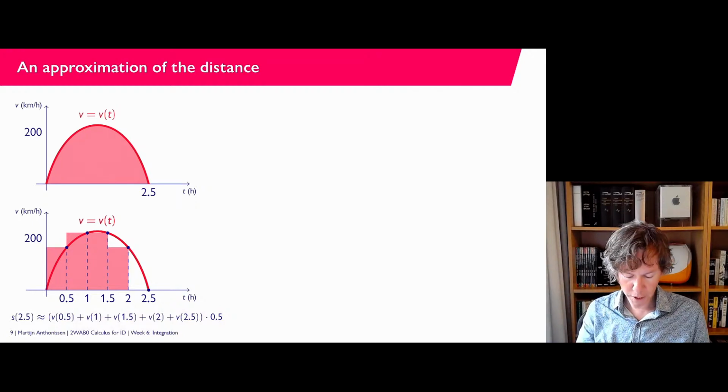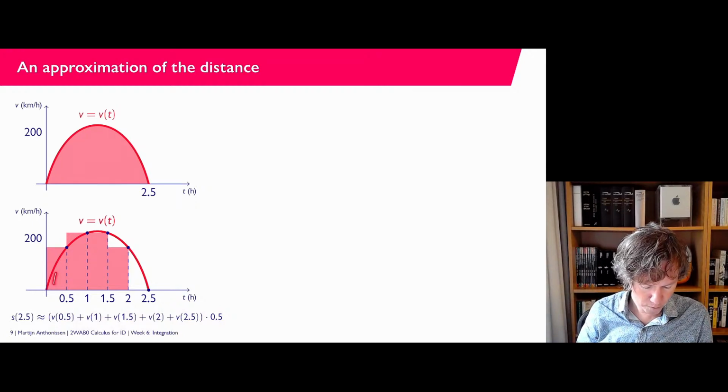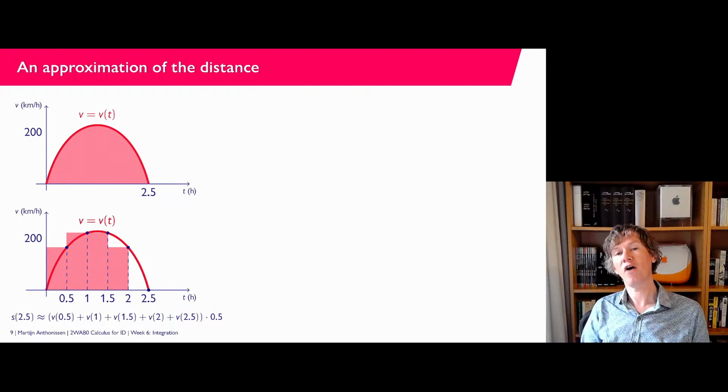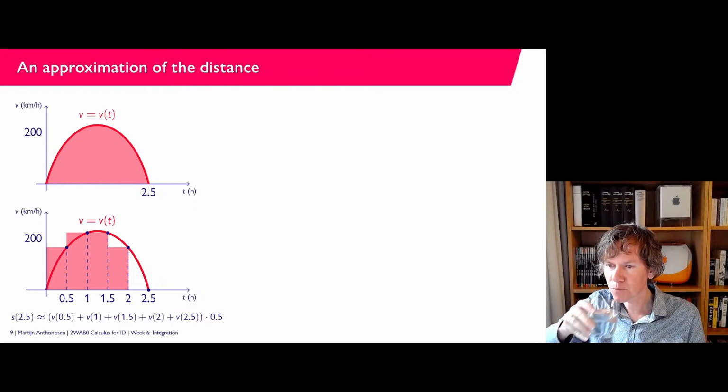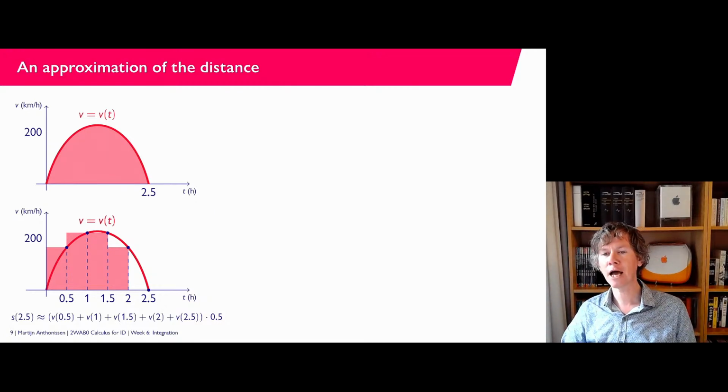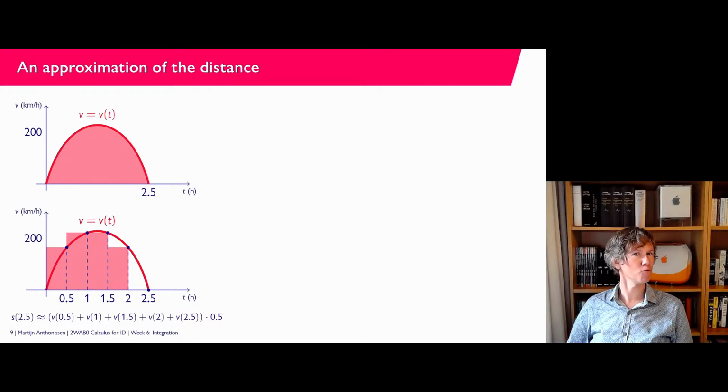So what we are doing is, of A, B, C, D and the invisible rectangle E, of those 5 rectangles we compute the area, we add them together, and that is an approximation for the distance traveled. Okay? So that's nice. So now we know how to get an approximation to the distance that we have traveled.